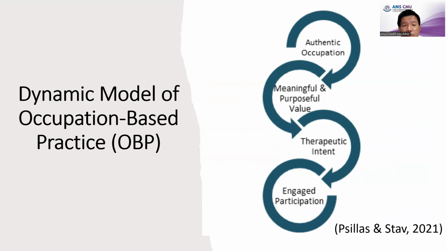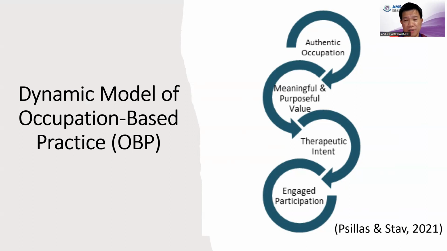But in terms of the dynamic model of occupation-based practice in the research, now this is why it's very important. It's very challenging for our Thai occupational therapists as well. This looks like a ring. We have the model. The model has 4 rings. The first ring we call authentic occupation.